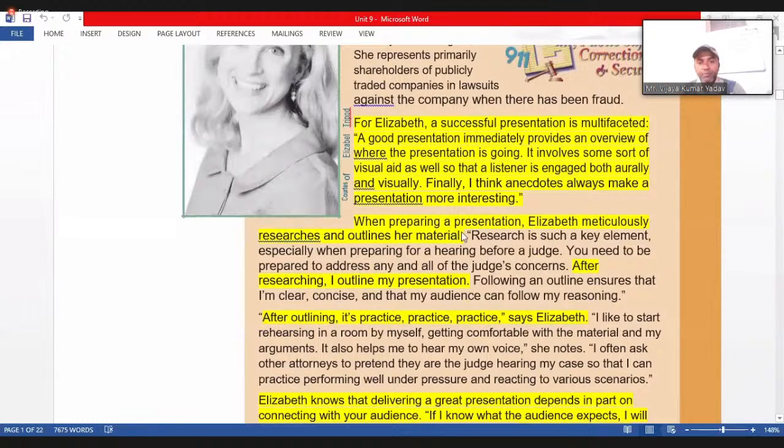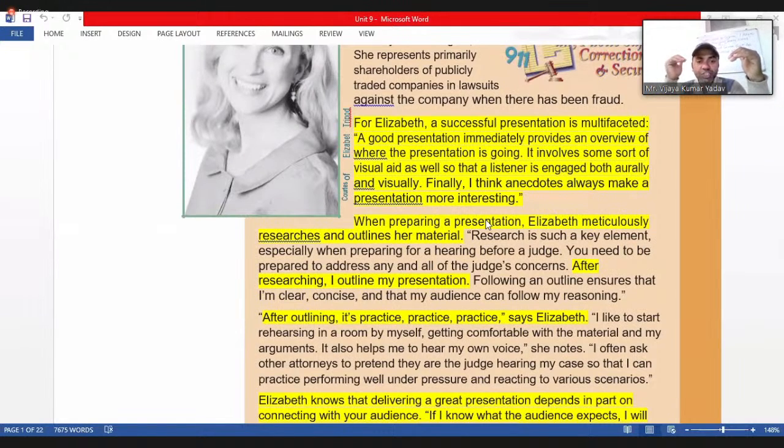So before giving the presentation, you have to prepare the paper for presentation. When preparing a presentation, Elizabeth meticulously researches and outlines her materials. Meticulously means carefully, right? So when preparing the presentation, what does Elizabeth do?